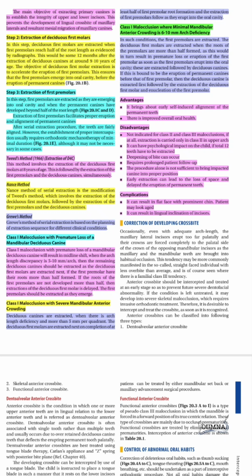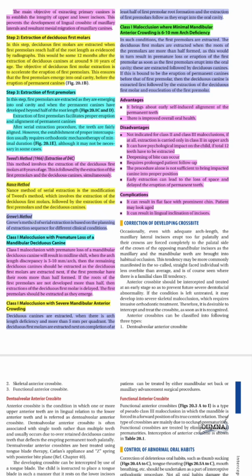Also, by extracting the first permanent premolar and deciduous molar, we are giving a space that is necessary to compensate for the difference in the size between the permanent and the primary canine.